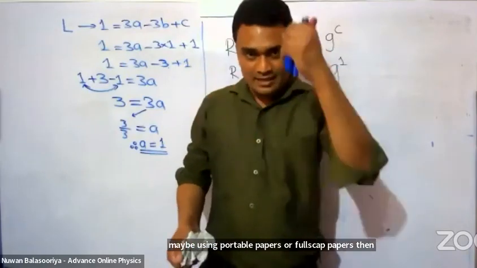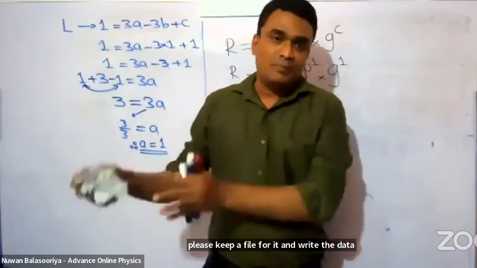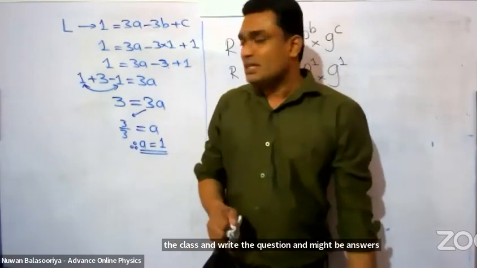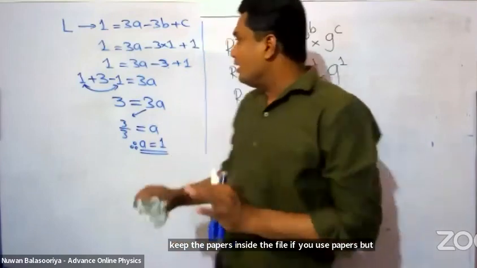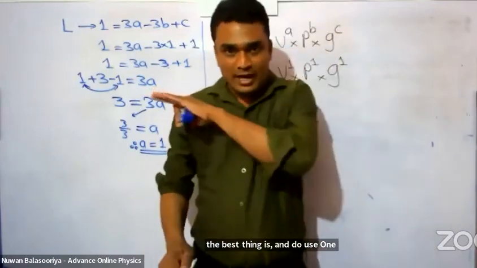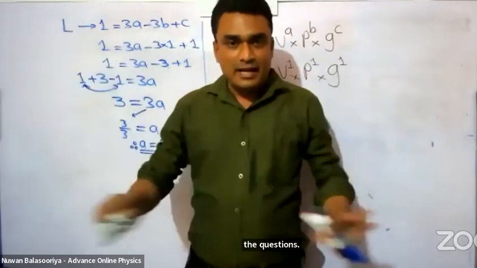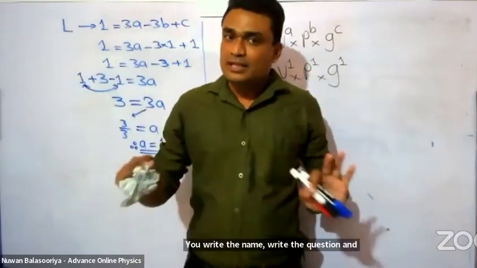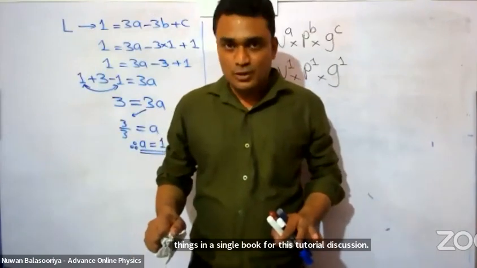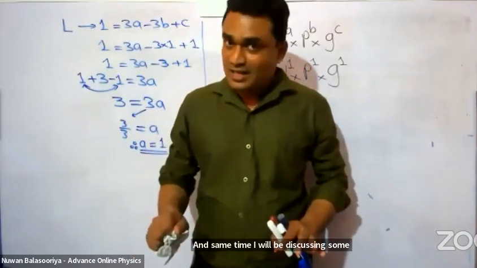Date of the class, write the question and write the answers. Keep the papers inside the file if you use papers. But the best thing is to use one book and write all the questions, the date, and everything in a single book for this tutorial discussion class. At the same time, I will be discussing some papers also in the near future.